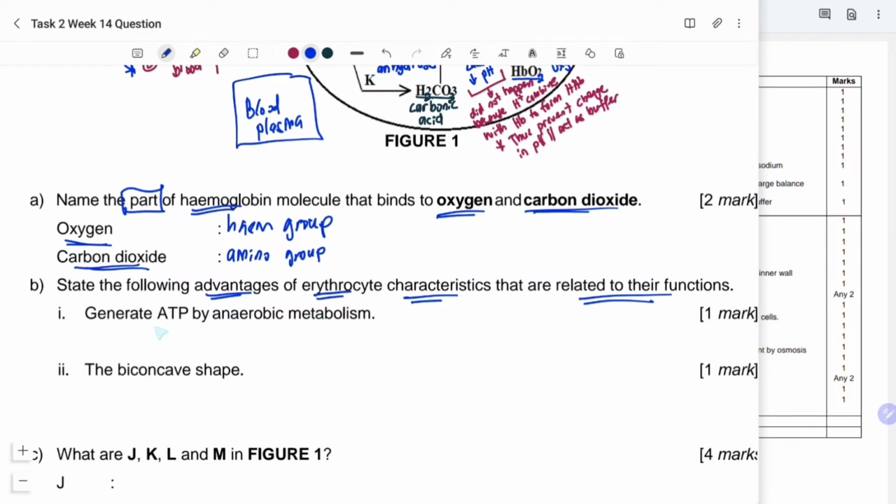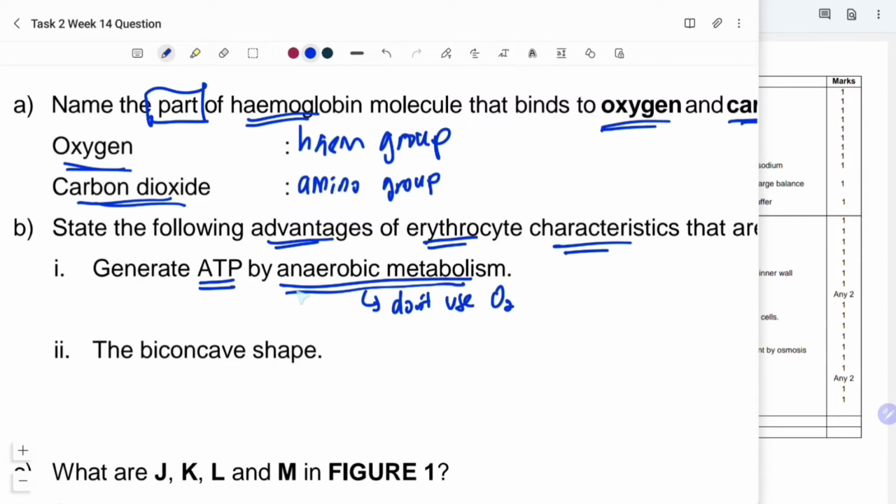So first dikata untuk generate ATP, red blood cell ataupun erythrocyte akan guna anaerobic respiration, iaitu respiration that does not use oxygen.